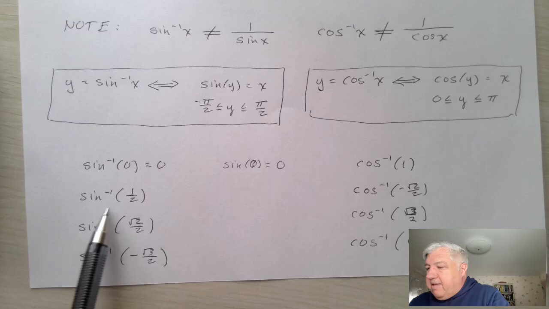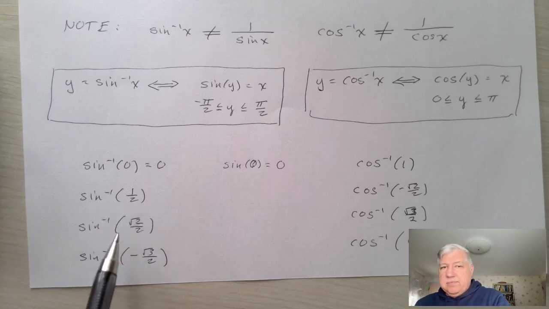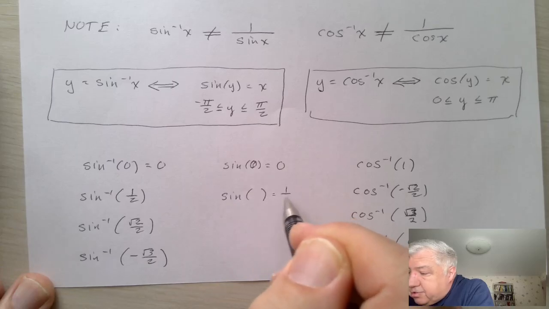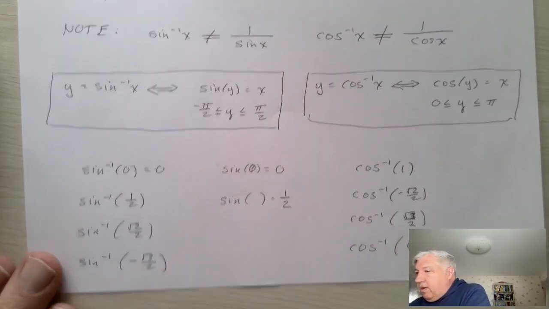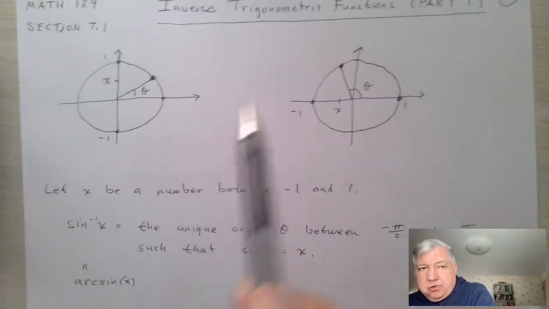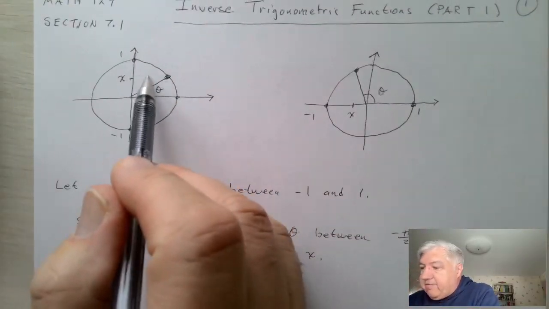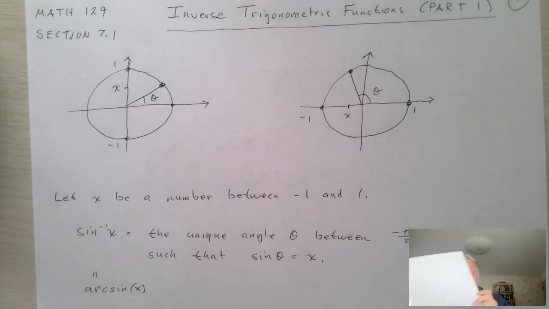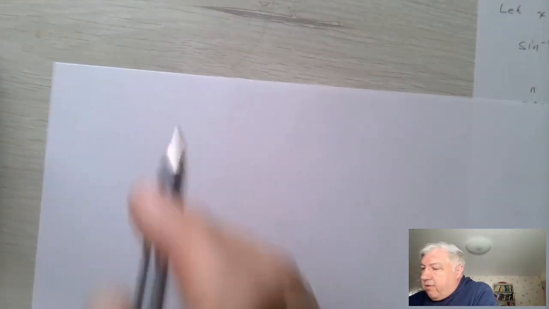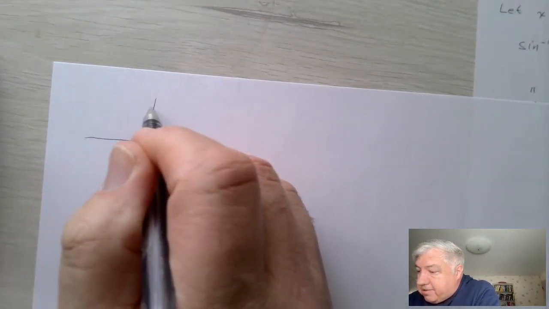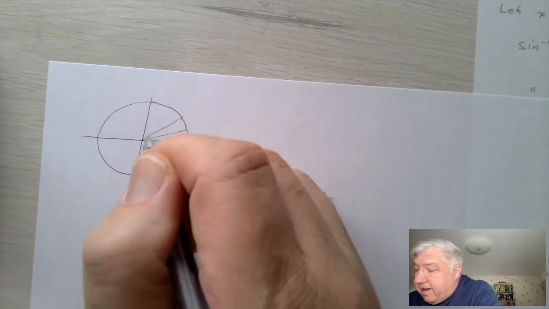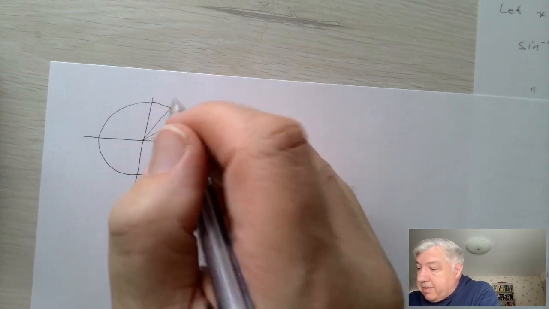Next question is, what's the inverse sine of 1/2? Well, you ask, sine of what angle is equal to 1/2? Once again, you can go up to your unit circle here and say if x was 1/2, what angle in the first quadrant has a sine equal to 1/2? If you have your unit circle in front of you, that's great. But remember, here's 30, here's 45, and here's 60 degrees.